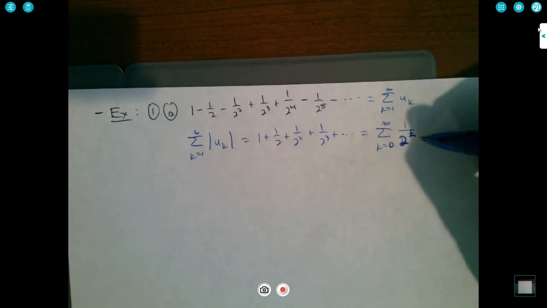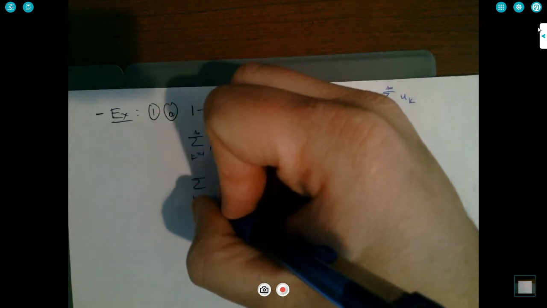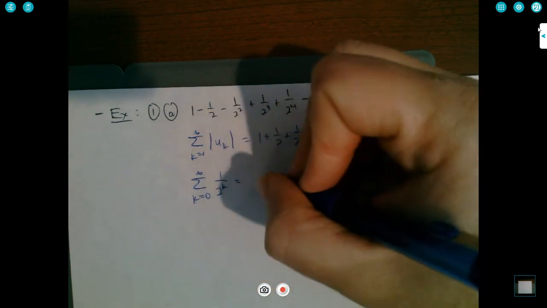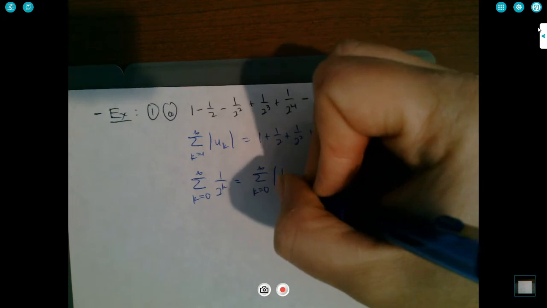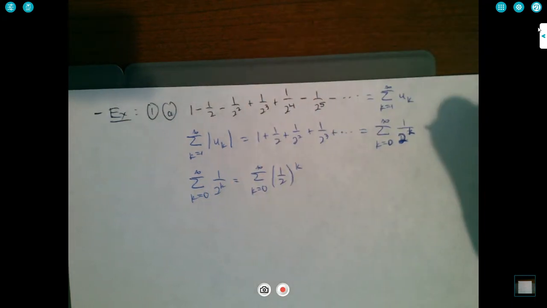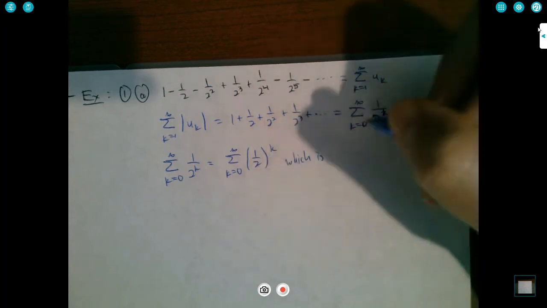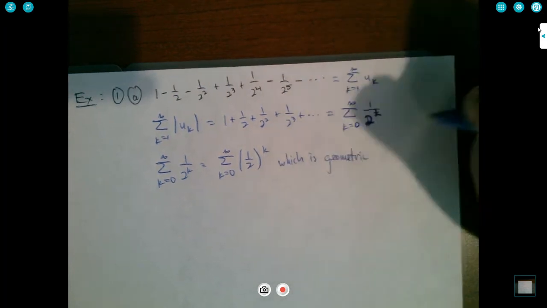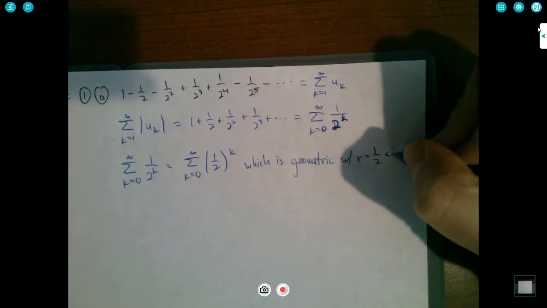Note that this thing is convergent. This is a geometric series. So we can say the sum from k equals 0 to infinity of 1 over 2 to the k is geometric with common ratio r equals 1/2, and that's less than 1.